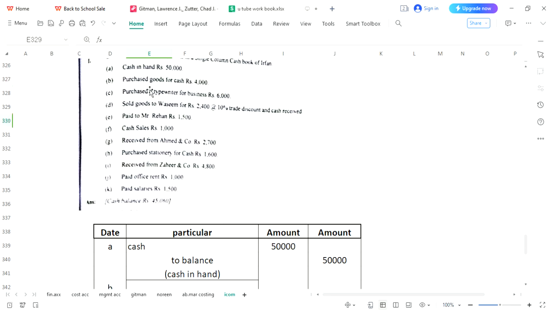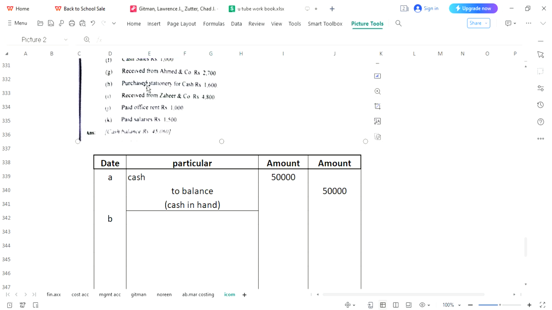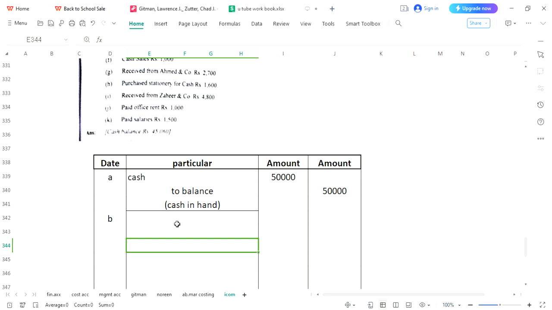Okay, so we will put narration first. Purchased goods for cash. You can write the same narration, or if you want to change it, you can. First, we will learn what the meaning of purchase goods for cash is.